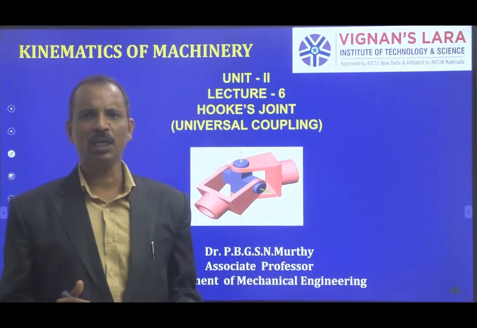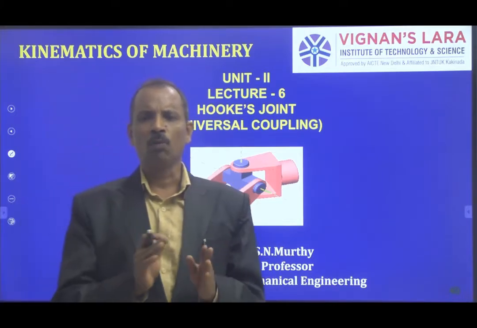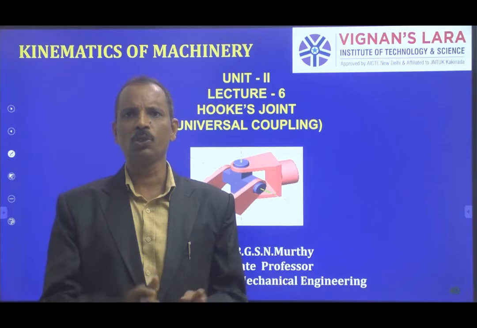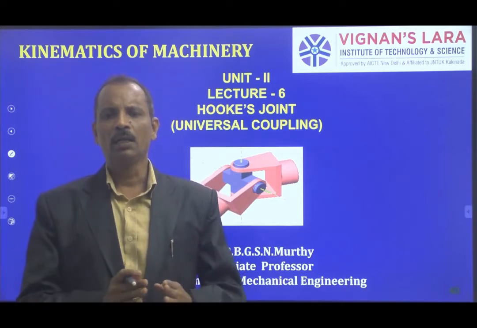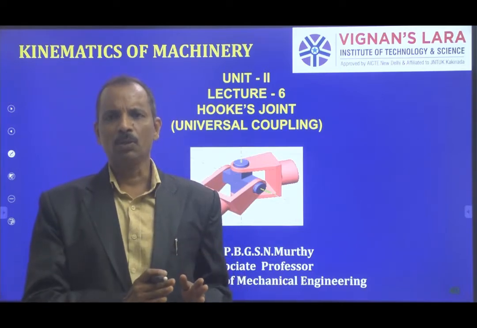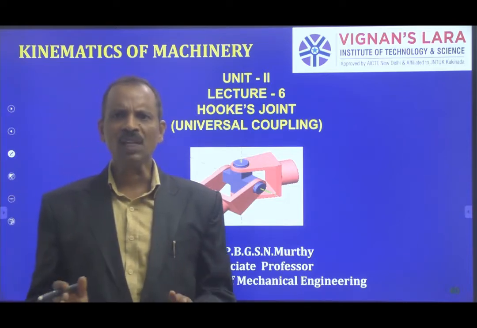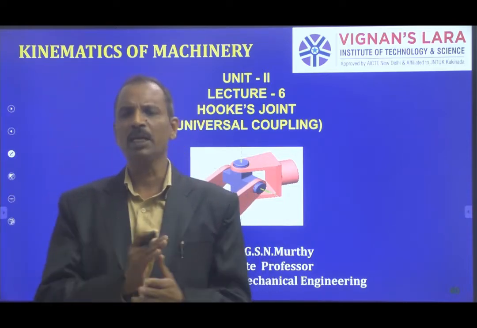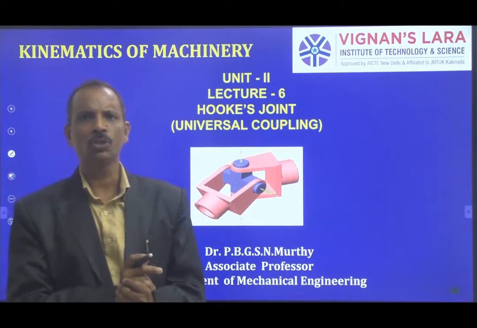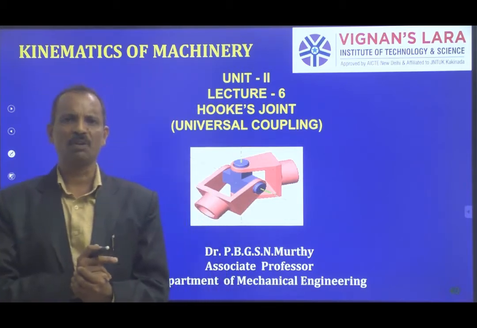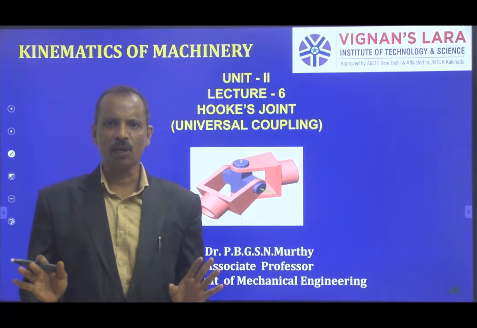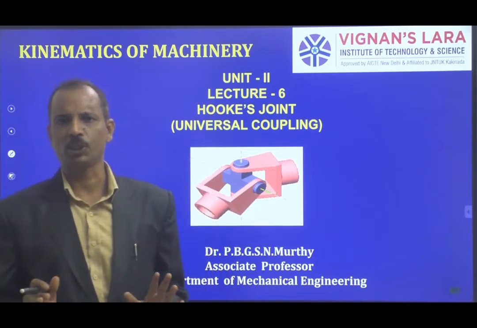So in today's lecture, I will discuss what is hook joint, where we use hook joint, how it can be useful in an automobile, in what way it is used, and why single hook joint is not used, why double hook joint is preferred. Without any analysis, I will explain today's lecture.